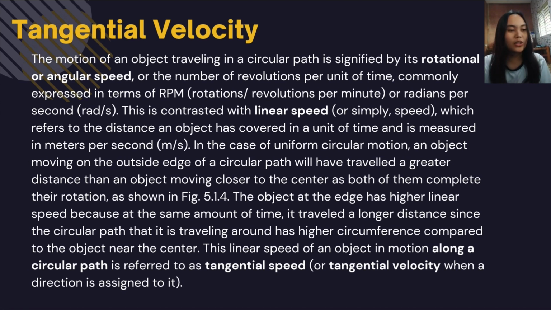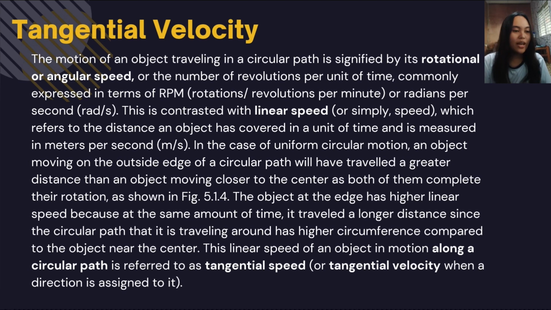In the case of uniform circular motion, an object moving on the outside edge of a circular path will have traveled a greater distance than an object moving closer to the center, as both of them complete their rotation, as shown in figure 5.1.4. Apologies for not showing you figure 5.1.4, but you can use your study guide to see this figure.